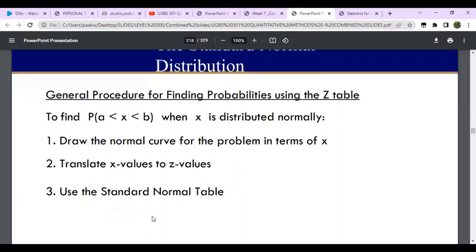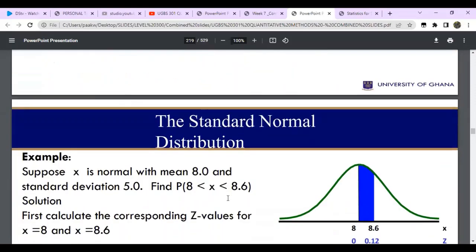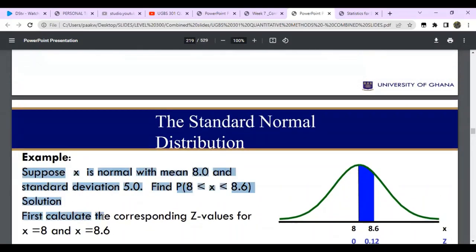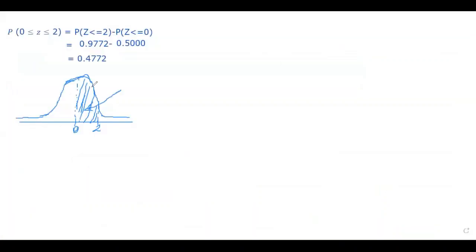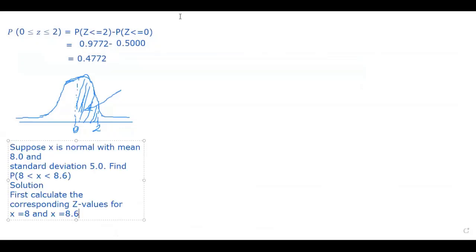Then use the normal table to find it. We have a question on the board. Let's solve that one.